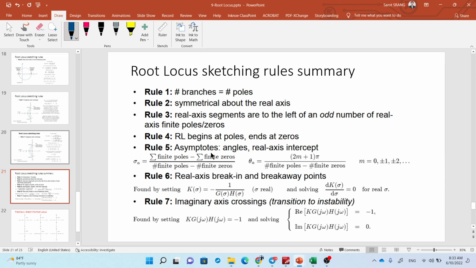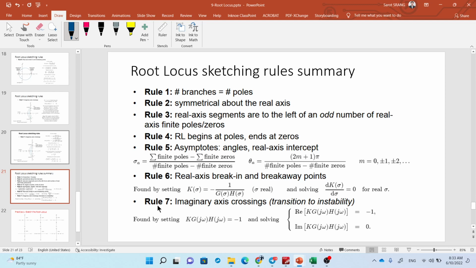Asymptotes can be drawn using the real axis intercept and angles, using these two formulas. Rule number 6, real axis break-in and break-away points. This is the process to find the exact break-in and break-away points.